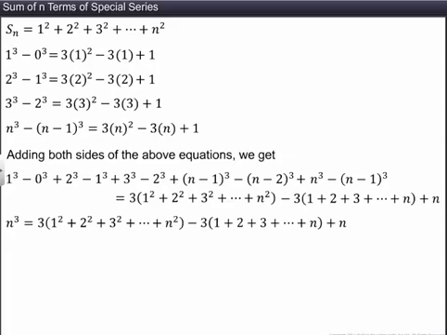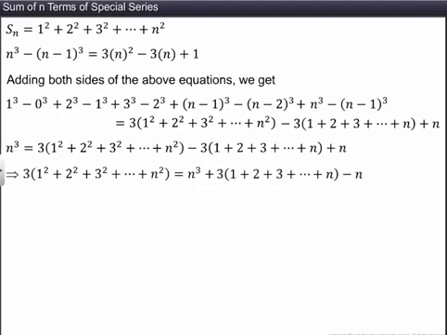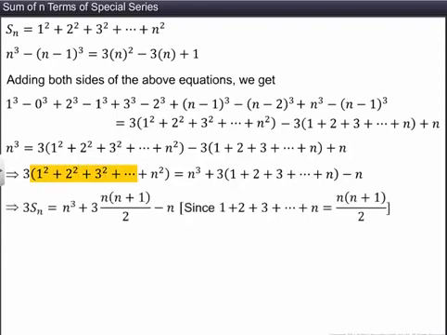It implies that 3 into the sum of the squares of the first n natural numbers is equal to n cube plus 3 into the sum of the first n natural numbers minus n. Now, the sum of the squares of the first n natural numbers is Sn. Similarly, the sum of the first n natural numbers is equal to n into (n plus 1) whole divided by 2.